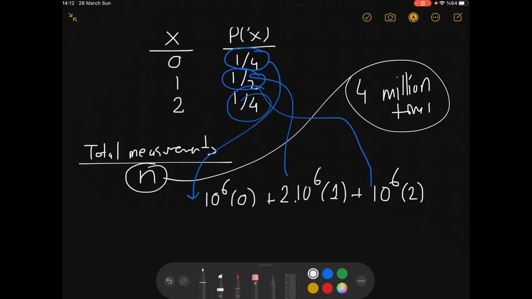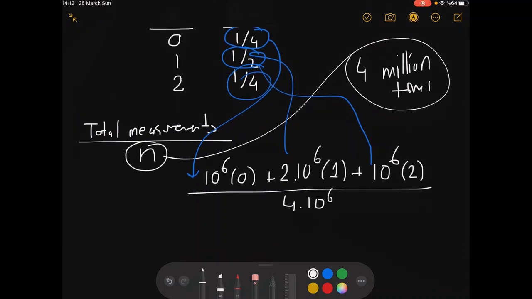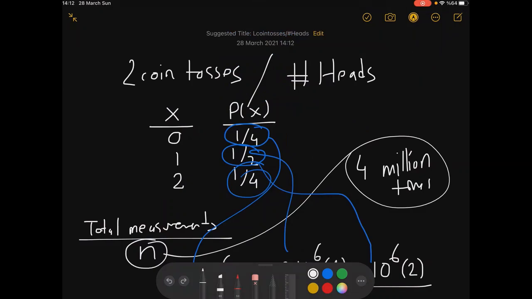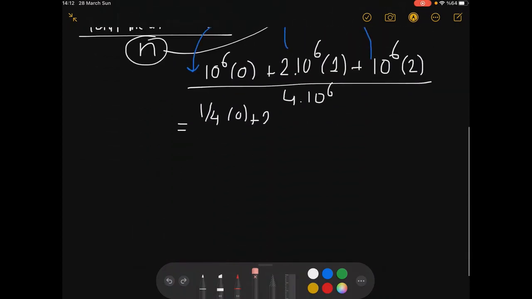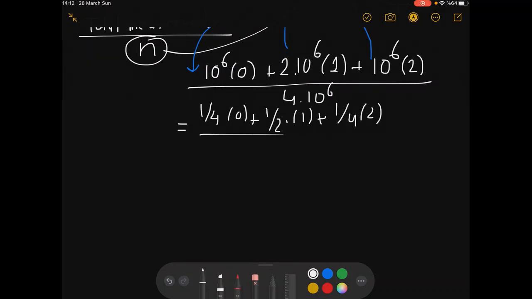And if you write the 4 times 10 to the power 6 here, you will end up with 1 over 4 times 0, plus 1 over 2 times 1, plus 1 over 4 times 2.